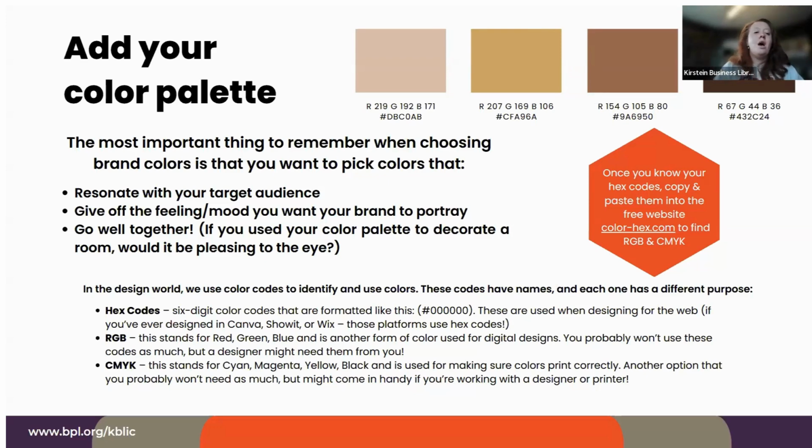Things like that. You'll also need to figure out hex codes and RGB color codes for your colors. And there is this nice little website, color-hex.com, where you can put in whatever the CMYK or RGB codes are, which you'll get originally from, say, Canva.